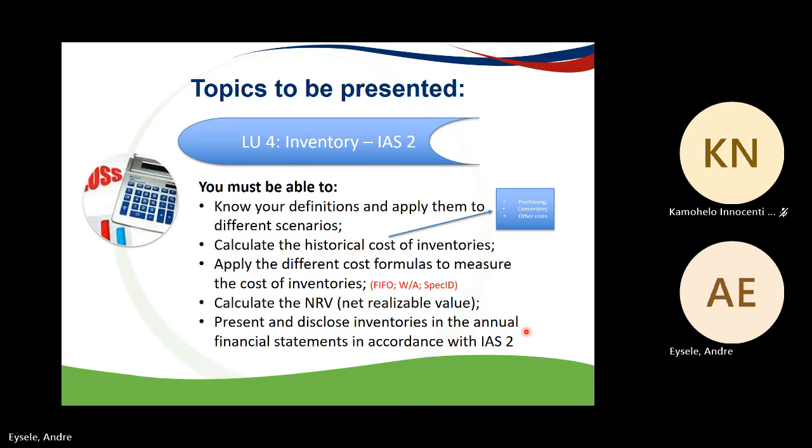The historical cost of inventories, before we look at an example, consists of the purchasing of items, the conversion costs, and any other costs relating to bringing the inventory to its current location and condition to make a sale. These are important factors when you are dealing with inventory.